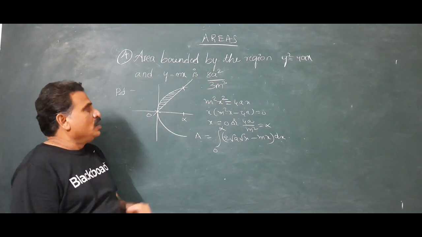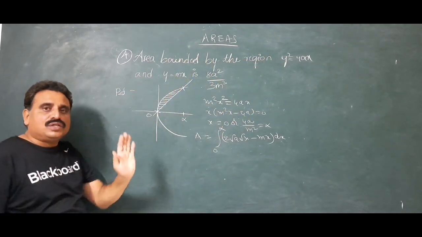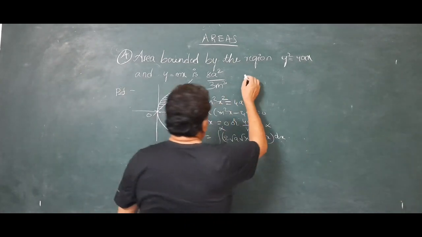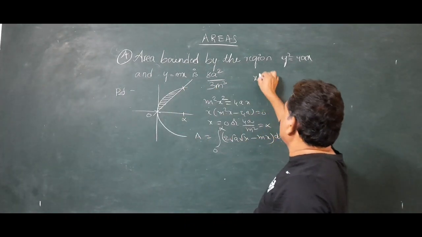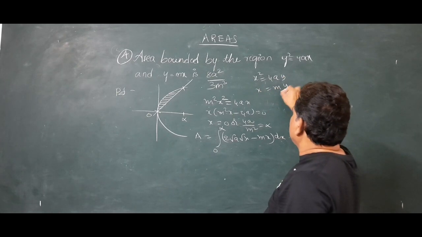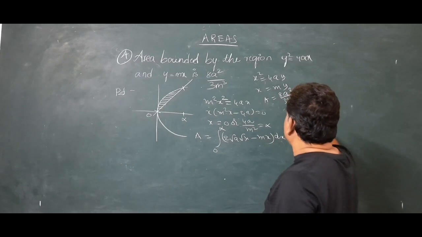In the same way, if x and y are interchanged, the area is also the same. That means the area of the region bounded by x² = 4ay and x = my is also 8a²/3m³.